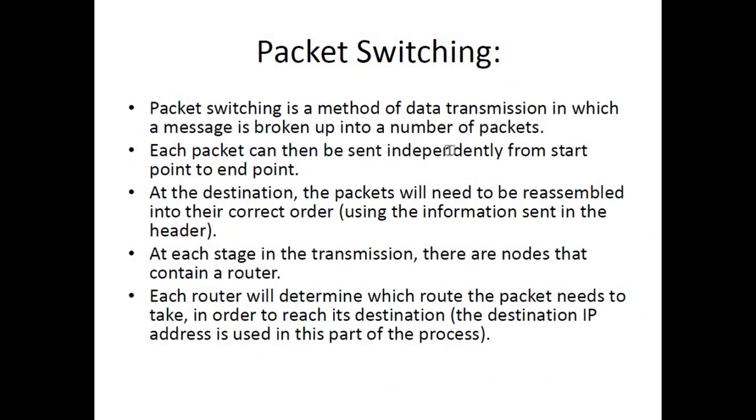Each packet can then be sent independently from a start point to an end point at its destination. The packets will need to be reassembled into the correct order using the information sent in the header. At each stage in the transmission, there are nodes that contain a router. Each router will determine which route the packet needs to take in order to reach its destination.